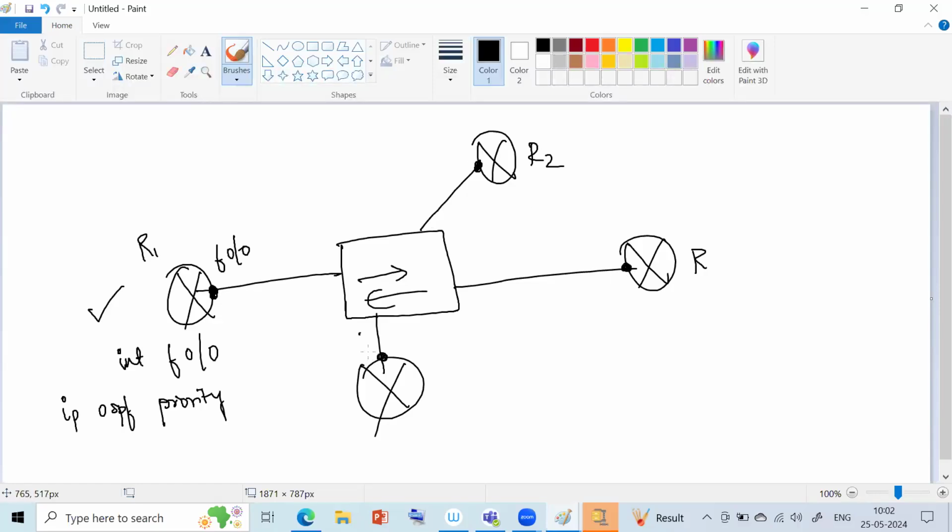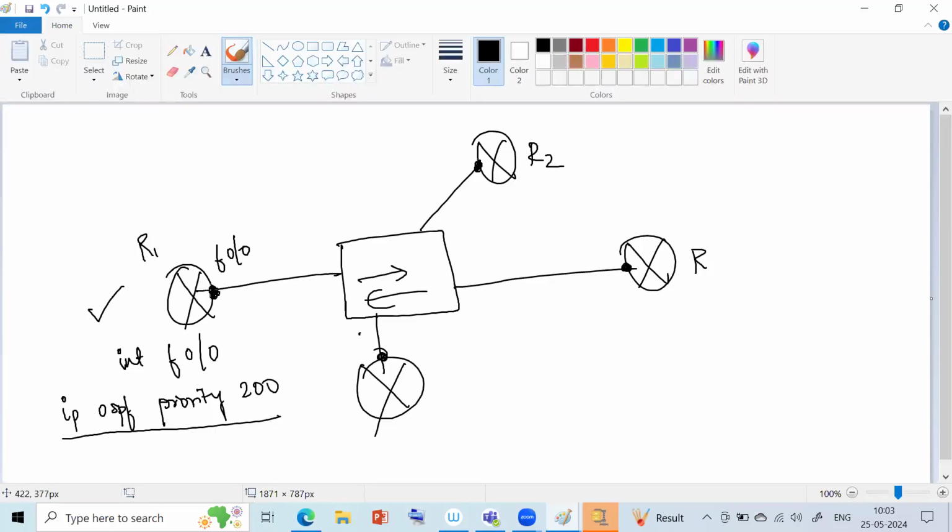If you give something more than 100, which is 200, then that particular router will be chosen as the designated router, right? That will be chosen as a designated router.